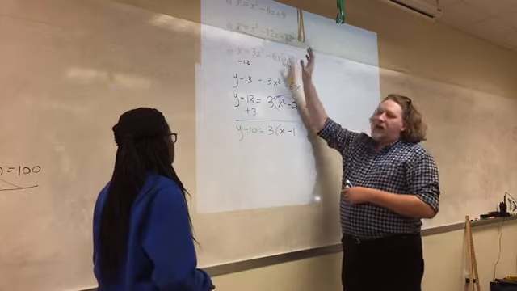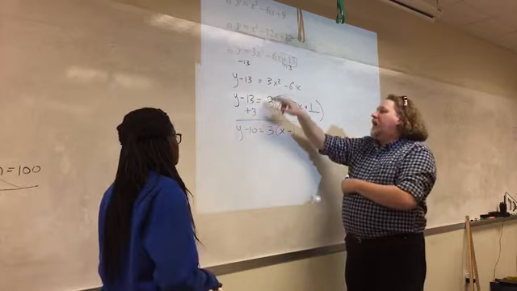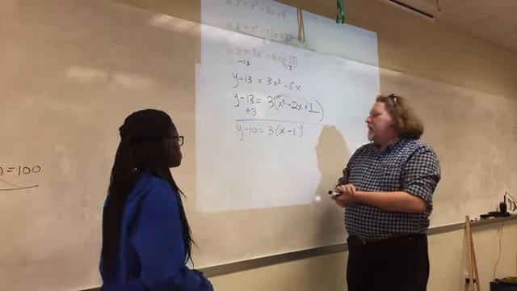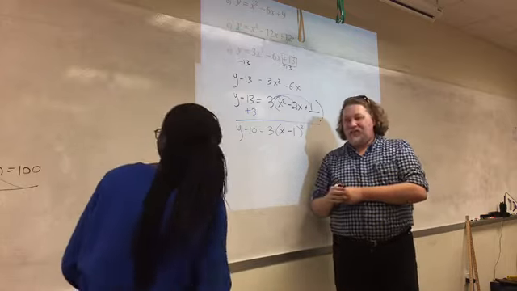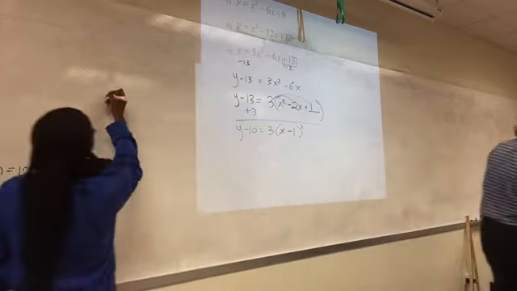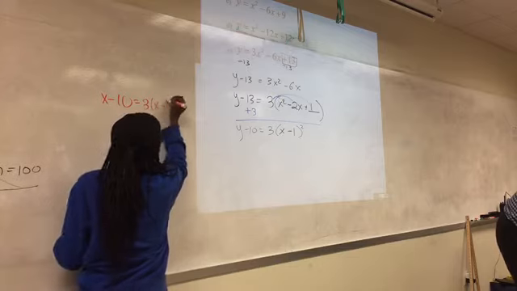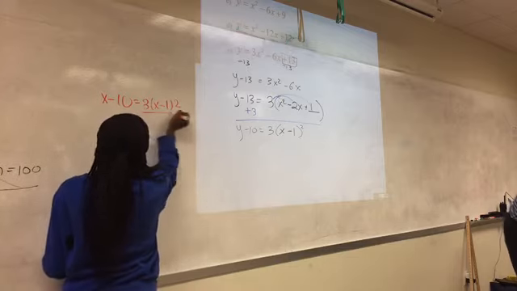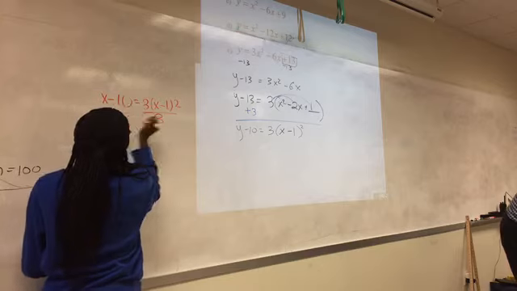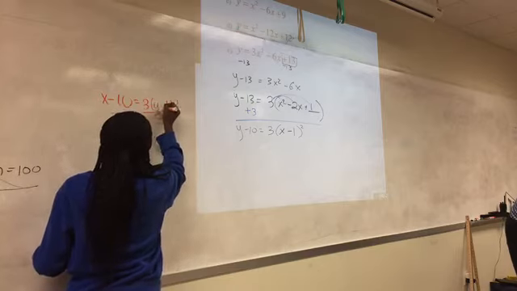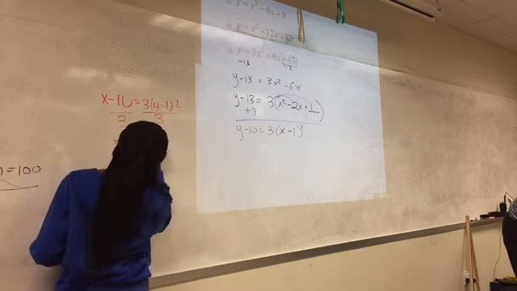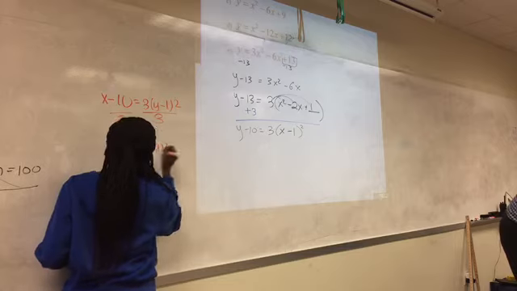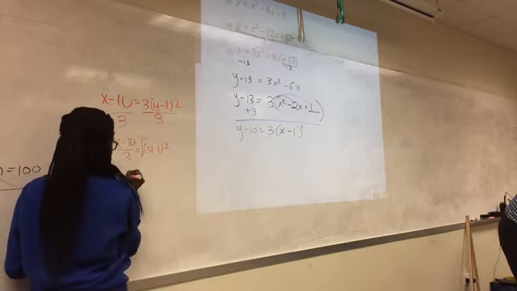So that's what you do if the lead number is not a 1. You first move any constant to the other side to get it out of the way, and then you factor out the lead number. Now once you've got that, it would be very easy for Tiara to find the inverse, which she will do right now. Divide by 3. Square root both sides.